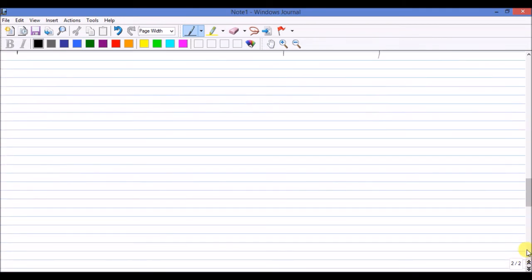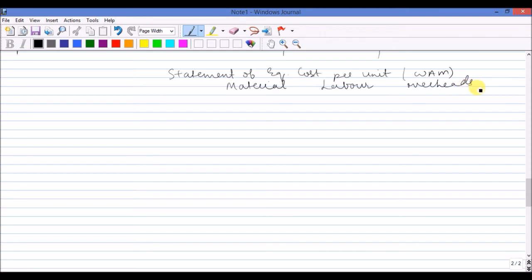Now friends, I am going to prepare one more statement, which is called the statement of equivalent cost per unit. This we are doing by the weighted average method. You know that there is material, there is labor, and there are overheads. Now friends, you have to be careful here.